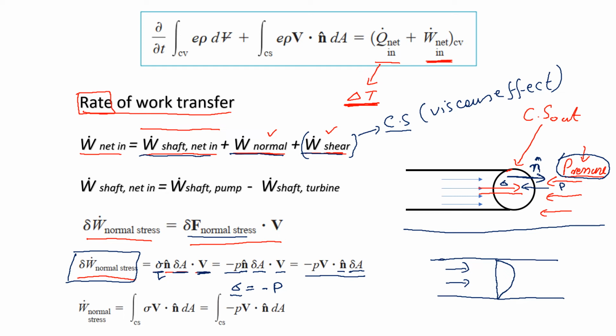You remember this, why the velocity profile is like this? Because of the no slip condition near the boundaries of this pipe. So due to the no slip condition, our velocity profile will look like this. So these are the viscous effects. So a certain amount of work will also be required to overcome these viscous effects. But what we do is we assume that our flow is inviscid.